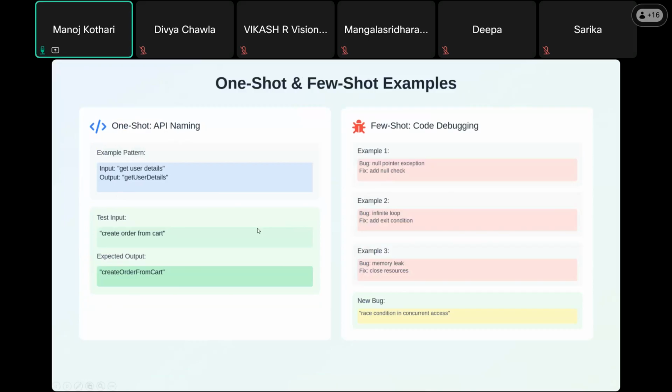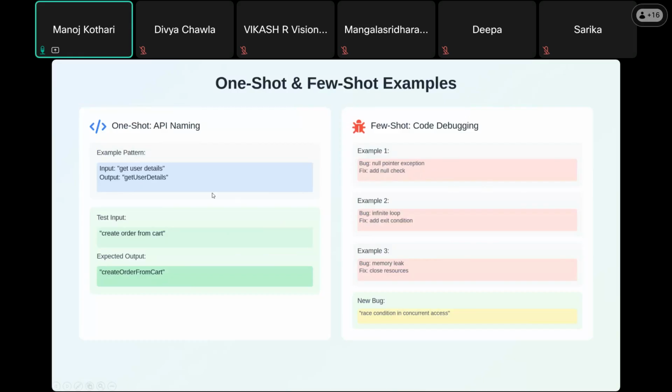For example, you have a source code and you want that there should be a null check on this. How would you do it? You will just say, okay, fix, add null check. So fix is your keyword which you are giving to the model, and the model knows, okay, fix means I have to fix some bug in this code, and then your instruction is add null check.